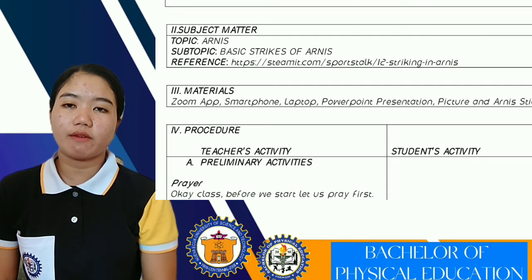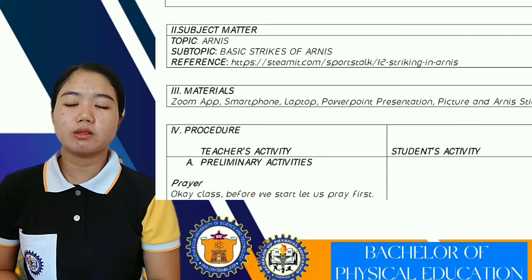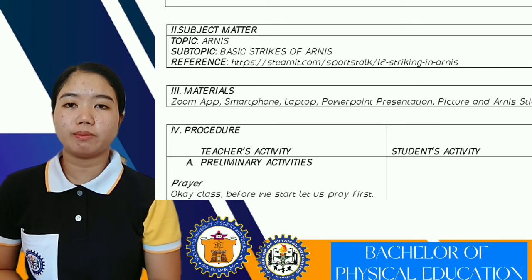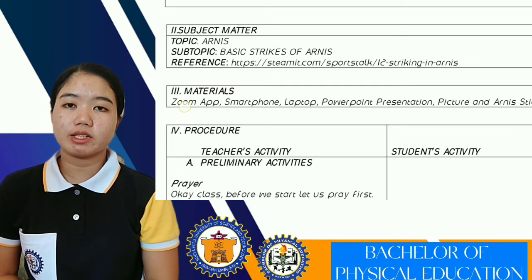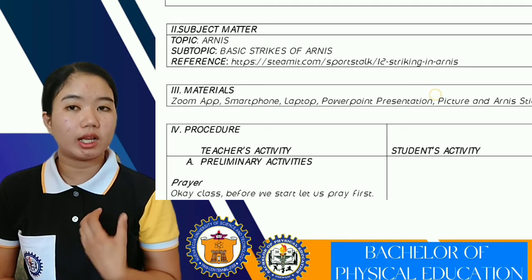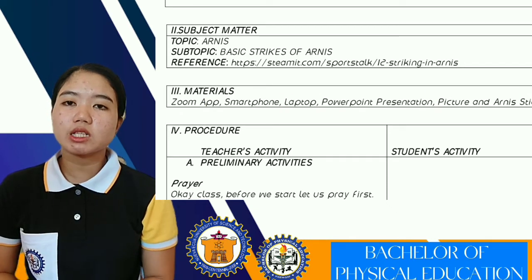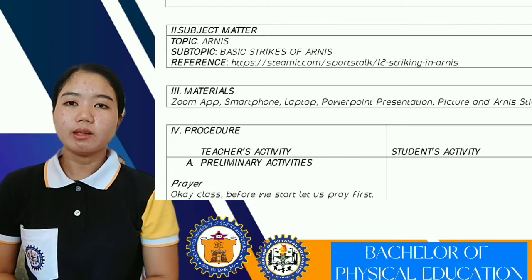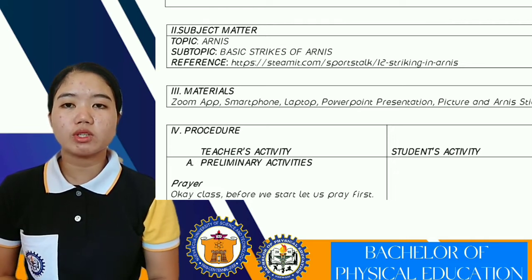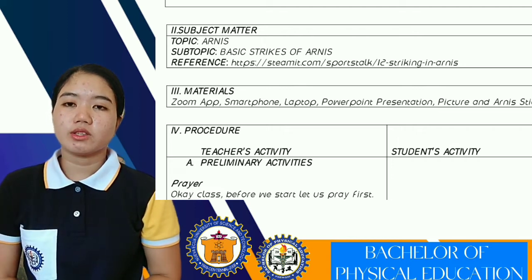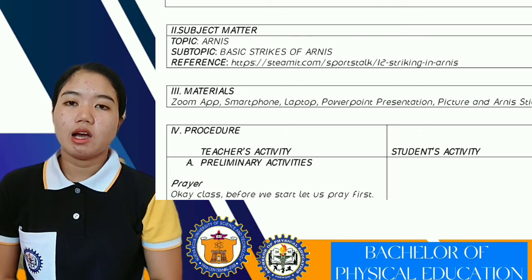Next one is the reference. Every detailed lesson plan that we make needs to include the references or resources na pinagkukuhanan natin, whether in a textbook or website, para malaman ng estudyante mo kung saang resources or information mo yun nakuha. So, next is materials.